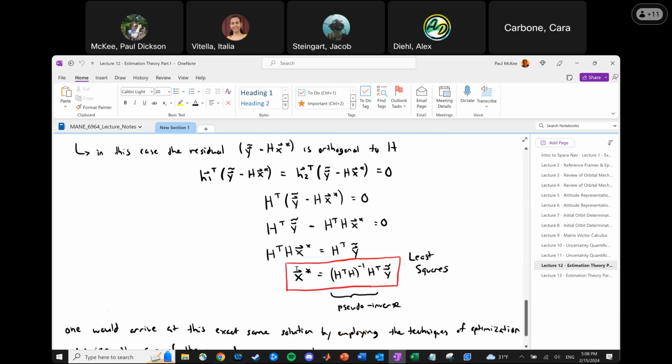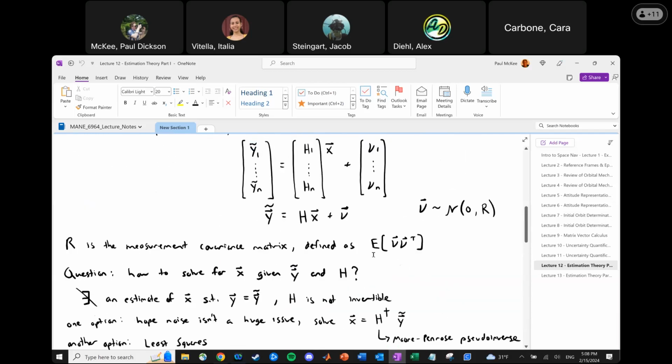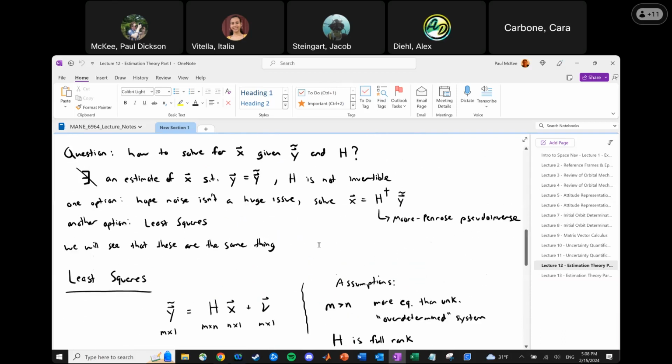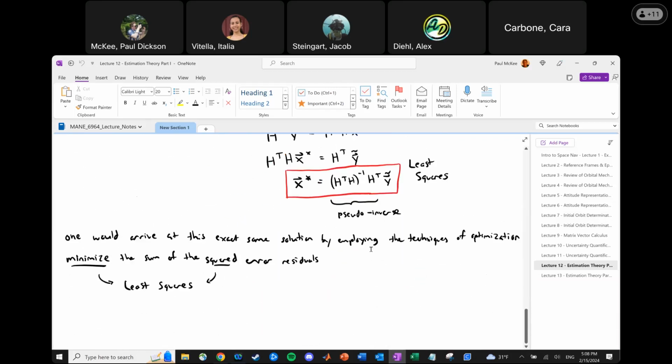Our best estimate of x, which is why it has the little star superscript, is (H transpose H) inverse H transpose y, which, incidentally, is the pseudo-inverse. So the original method that we talked about, x equals H pseudo-inverse y, is exactly this. They're the same thing. The idea behind least squares is that we are trying to minimize the sum of the squared error residuals, and that's where we get the word least squares.